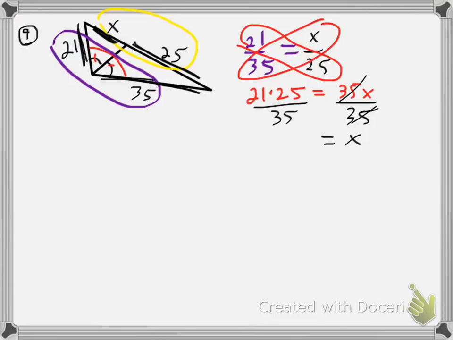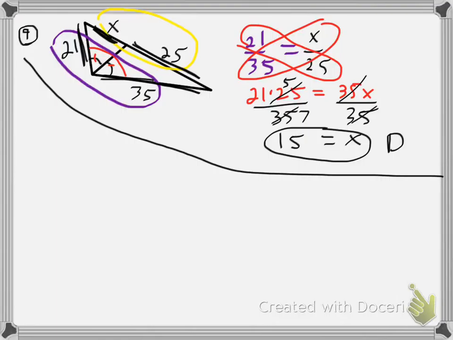I purposely didn't multiply 21 times 35 because I know I can divide them both by 5, and I'll get 5 and I'll get 7. So I know that's now 105 divided by 7, which is 15. Which is choice D.